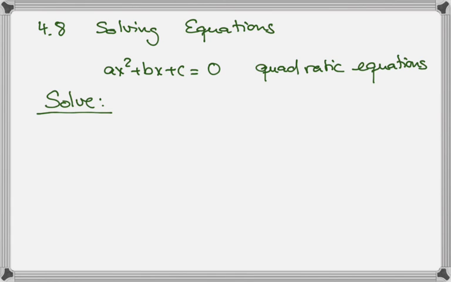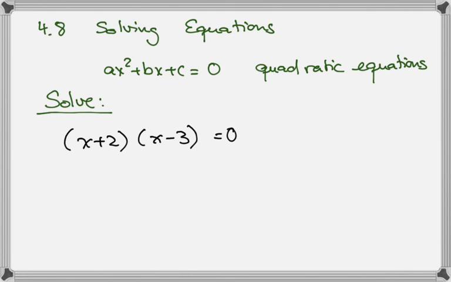So solving, and let me make this up. Let's say you have x plus 2 times x minus 3 equals 0. So if you are listening to this recording, listen very carefully.